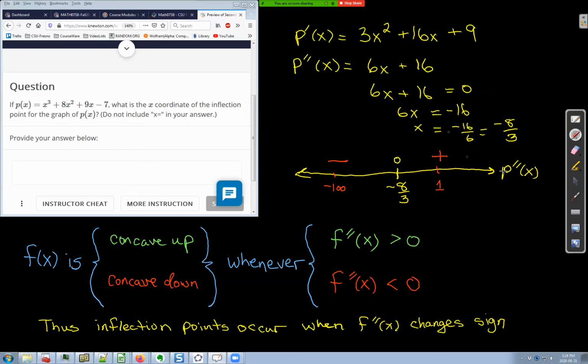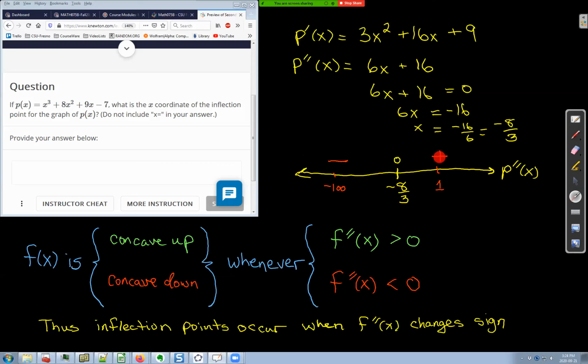So the point here is that what this number line is telling me is that, although I don't have a number line for the original function, the fact that the second derivative is negative for all these numbers means the original function is concave down for all numbers less than -8/3.